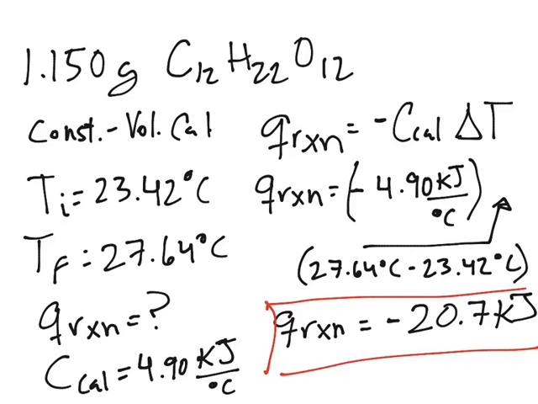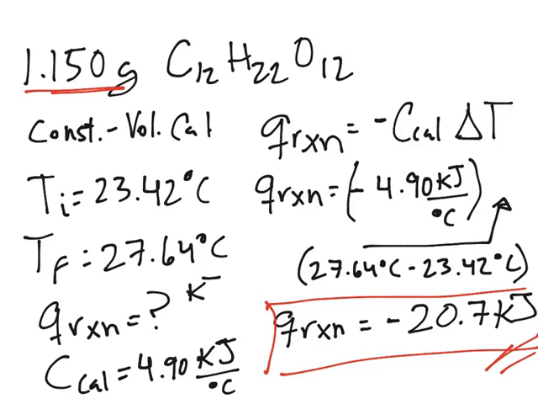You may wonder what we do with the grams here. Use your grams if you want, because sometimes the heat of reaction is asked to be in kilojoules or joules per mole. So let's try and find it in kilojoules per mole.